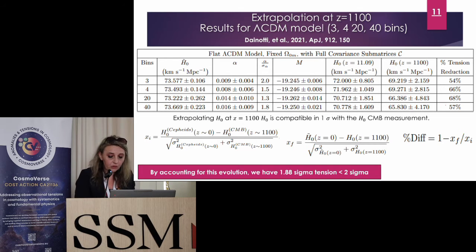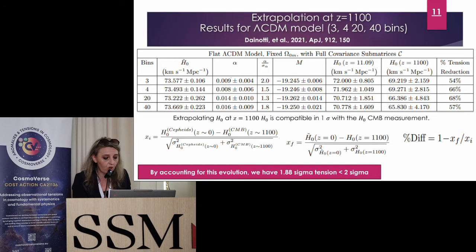Basically, we have a reduction of the tension if we consider the difference between the Hubble constant given by the Cepheids and the one of the CMB, compared to the H0 tilde, which is basically the zero point of the Hubble constant if you consider a simple evolutionary function, that is H0 times (1+z) to the power of alpha. Alpha, that you see in this table, is the parameter with which we mimic the evolution.